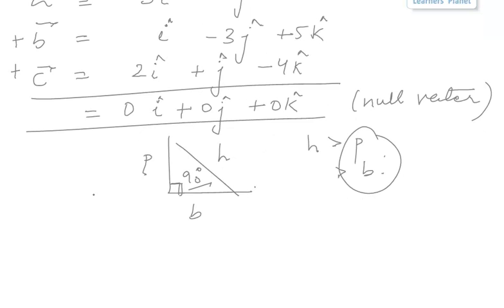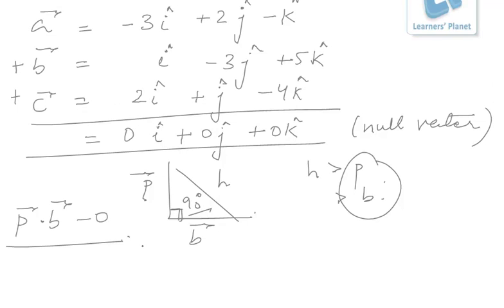So let's say this vector and this vector are P and B, then P dot B will be equal to 0. Now how to find out which of the three are perpendicular and base, that we have to see by calculating their magnitudes.